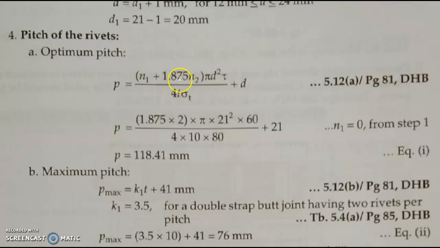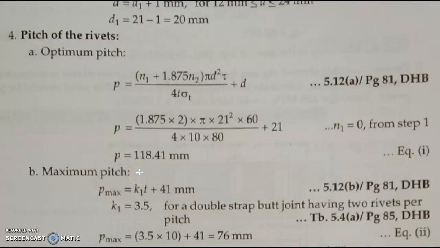That is P is equal to (N1 plus 1.875 N2) into 5d square tau divided by 4t sigma t, plus d. Here all the values are given, so we can directly calculate the optimum pitch. The value will become 118.41 millimeter.